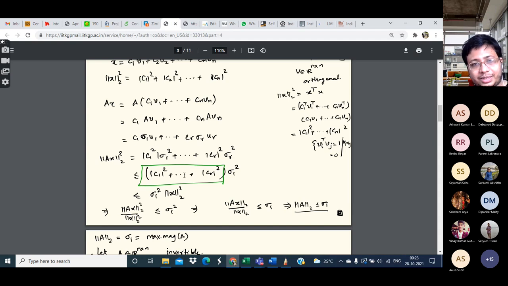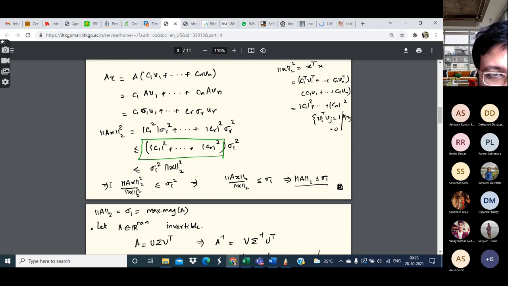So this quantity is less than or equal to the full summation c1 square plus c2 square plus cr square plus cr plus 1 square all the way up to cn square. But that term is equal to the L2 norm of x. So we get rather easily that the squared L2 norm of Ax is less than or equal to sigma 1 square times the L2 norm of x. Okay, this should be quite straightforward.